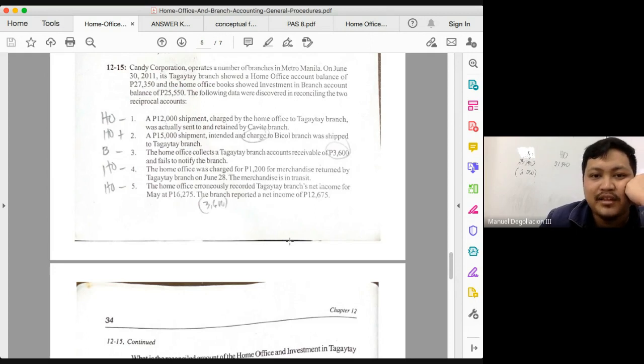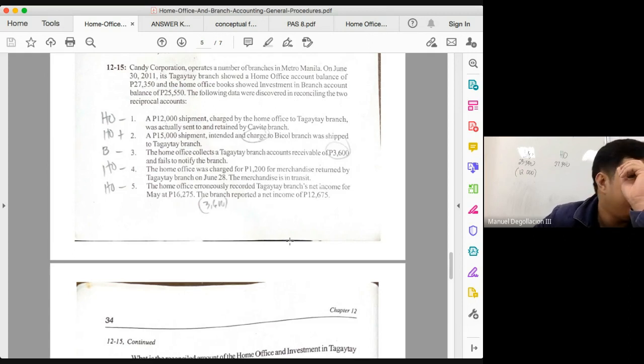Debit, investment in Bulacan branch, and credit, shipments to Bulacan branch. But is that correct? No. So to correct that one, what else should the home office do? Reverse that entry. So debit, shipments to Bulacan branch, and credit, investment in Bulacan branch in the amount of 15,000.